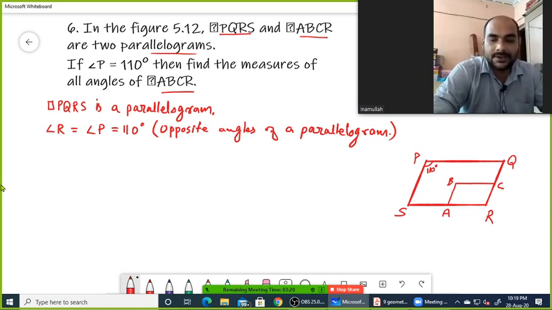We can say that angle R is 110 degrees, as angle P is already given as 110.